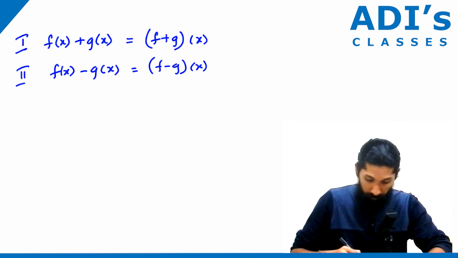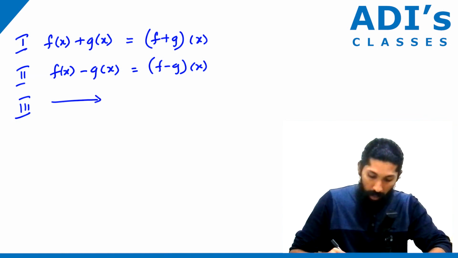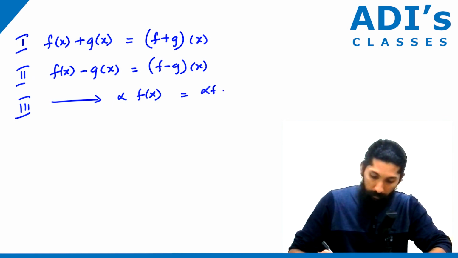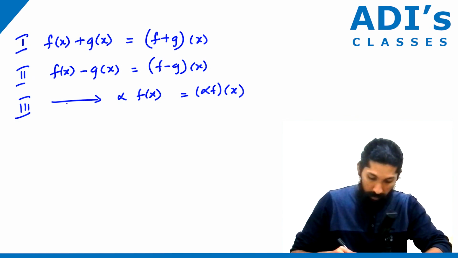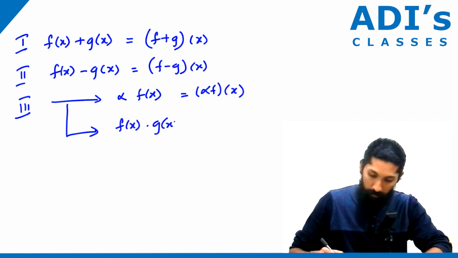Got it? Next, in the third one, there are two parts, isn't it? The first part gives us alpha into f of x, which is alpha f of x. The second case is, suppose you have f of x into g of x. This gives us f into g of x.